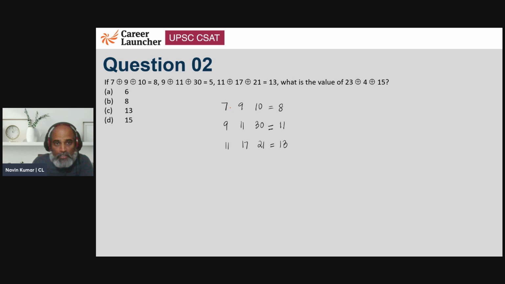unorthodox way. So basically, if we add them, this is going to give us 26. When we add all of this, this is going to give us 20 plus 30, which is 50. If we add all of this, this is going to give us 49, right?